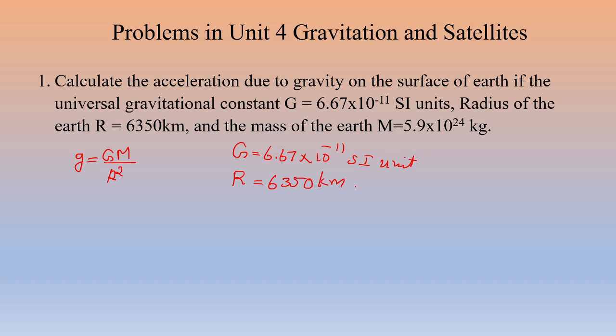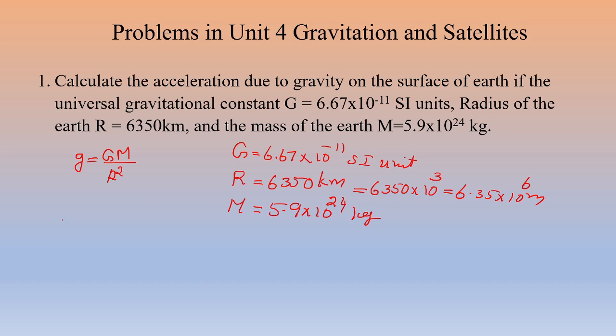That we have to convert into meter. That is 6,350 into 10 raised to 3. That is also we can write 6.35 into 10 raised to 6 meter. And capital M, the mass of the Earth, that is equal to 5.9 into 10 raised to 24 kilogram.